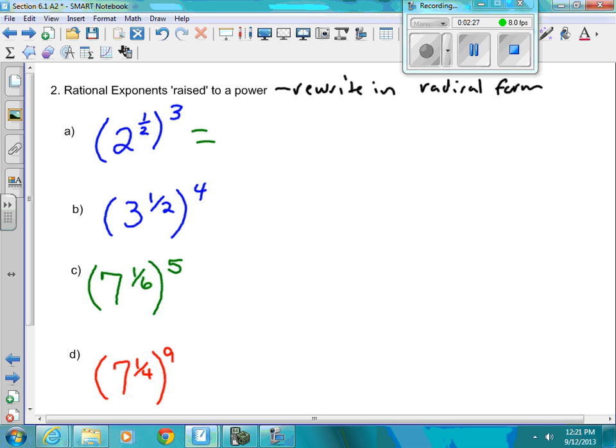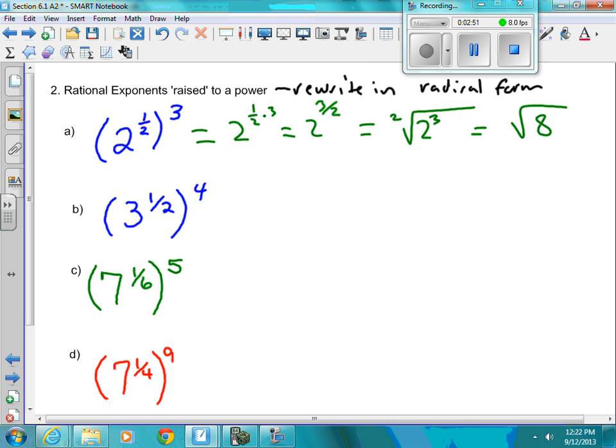This would be power of a power, so we would have 2 to the 1/2 times 3, or 2 to the 3/2 power. And if I want to rewrite this as a radical, here's the deal. The denominator of the fraction, that's your root. So second root or square root of 2 cubed, or the square root of 8.